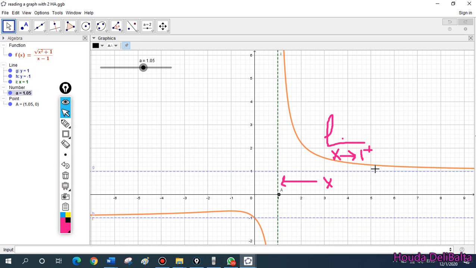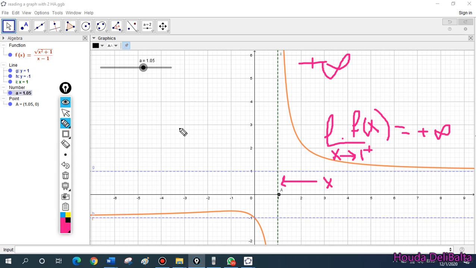That's what we mean by x tends to 1 plus. What happens to the curve? The curve is going upwards towards plus infinity, and thus we can write that the limit as x tends to 1 plus of f of x is equal to plus infinity.